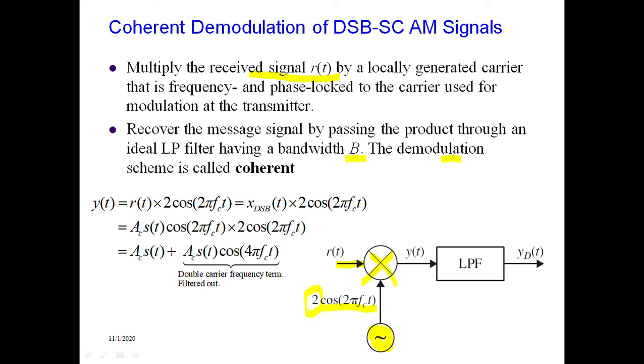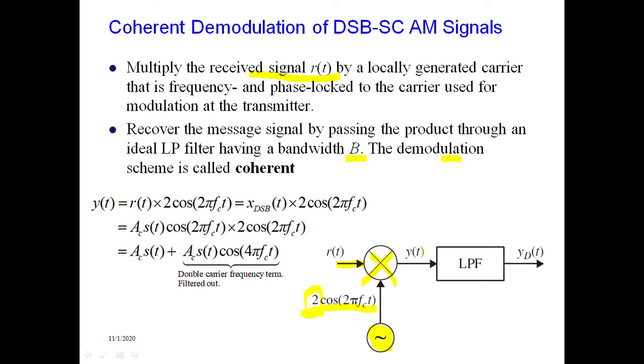Why? Because the modulated signal is divided by 2. So in order for you to multiply it back to its original signal, at the demodulator we have to use double the amplitude to get the original signal back.